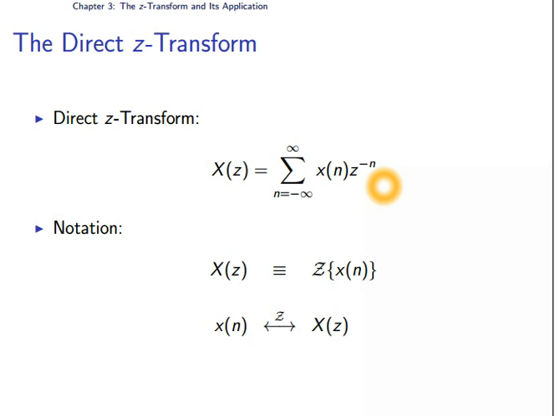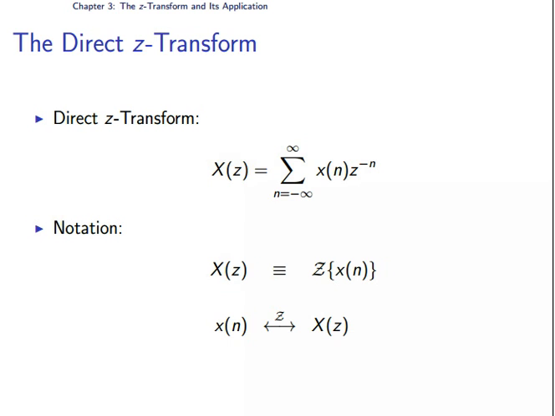This equation we sometimes call the direct Z transform, because it transforms the time domain signal x of n into its complex plane representation X of z.